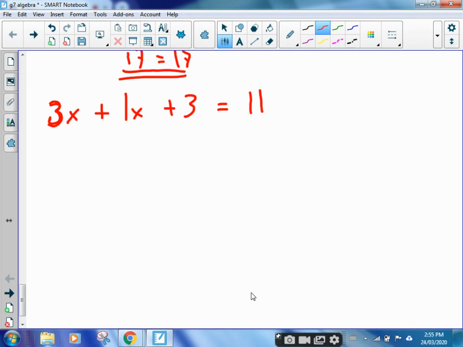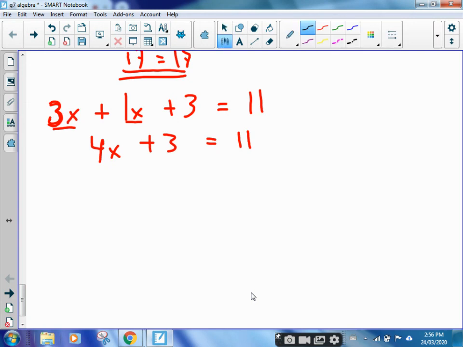So the first thing we're going to do in this situation is combine the like terms. So this is a like term, 3x and 1x. Those are like terms because they're both x's, they're both talking about the same thing. We don't know what it is yet, but we're going to combine them. So 3x plus 1x is 4x. And we're going to continue to write the equation. We're not going to change anything when we combine our like terms. So now we can do two-step algebra to solve this problem.